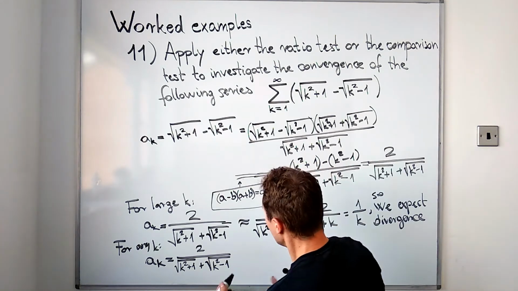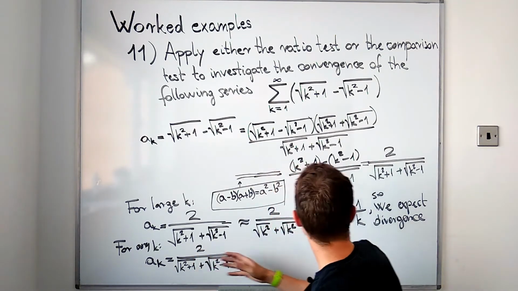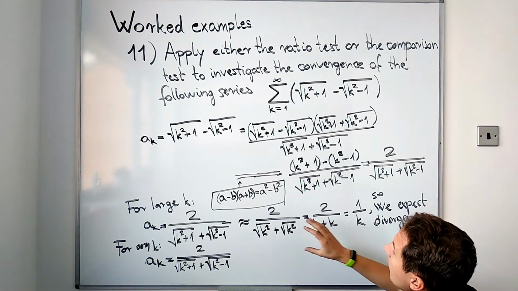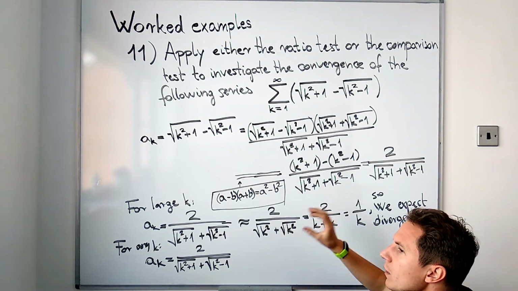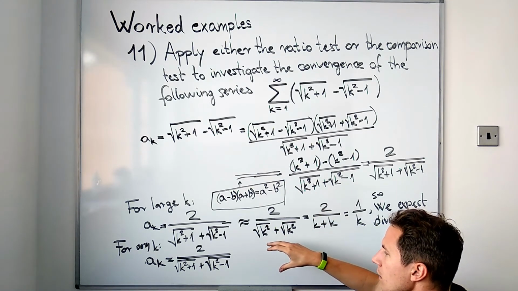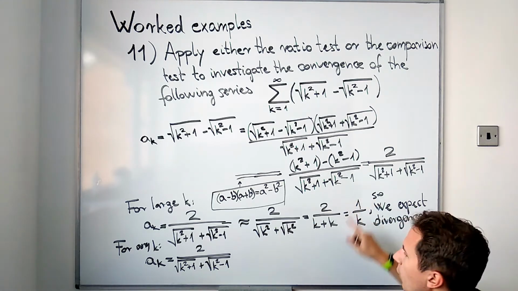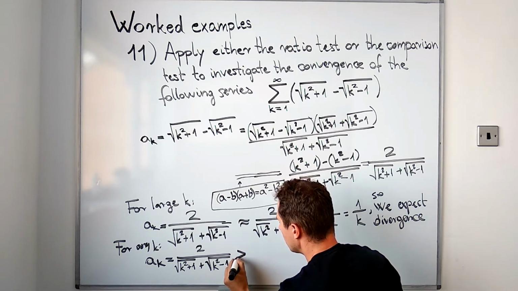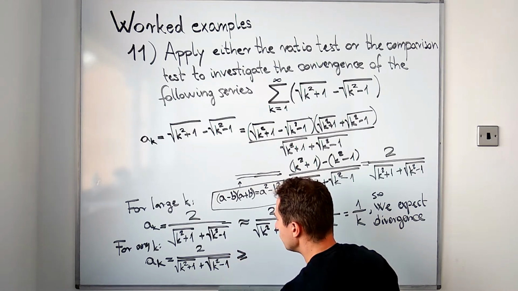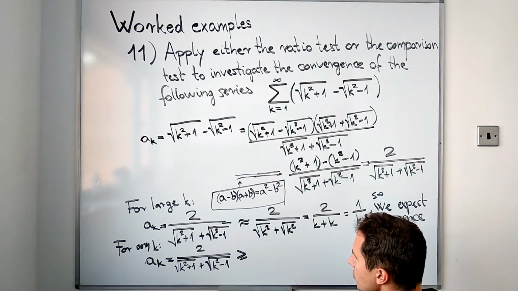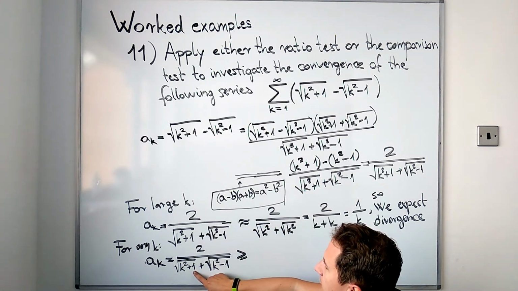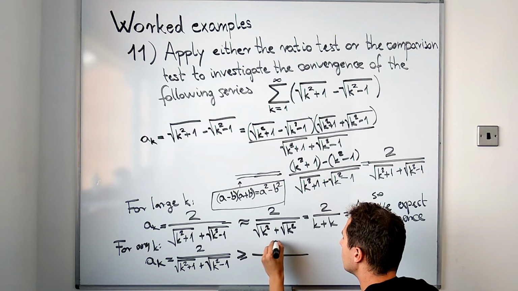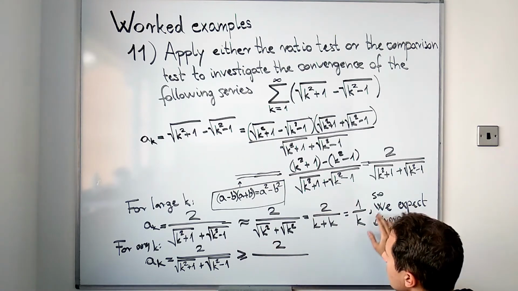Now, in order to show divergence, what we would like is to get a smaller number that still behaves like 1 over k. So how do we get something that's less than or equal to this expression? Well, we have to increase the denominator.